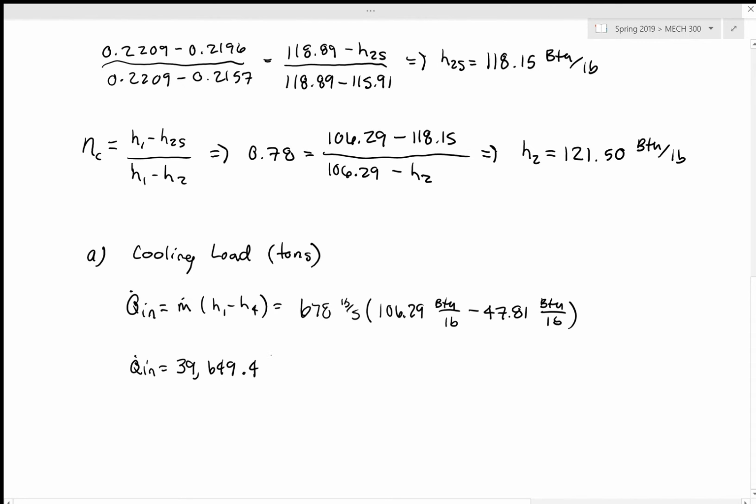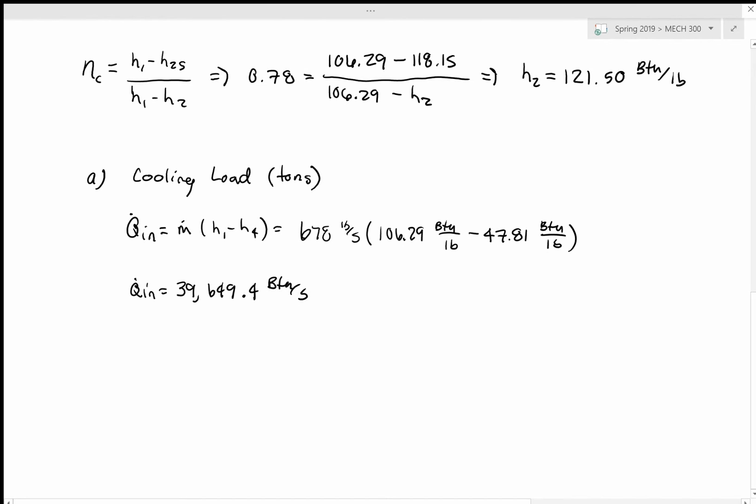And when I ran that, I ended up with 39,649.4 BTU per second. But it asks us to solve for it in tons, so we're going to need to convert BTU per second to tons, and that can be done using this conversion. There are 12,000 BTU per hour in 1 ton. So that'll cancel out our BTUs, but we still need to get rid of our seconds.